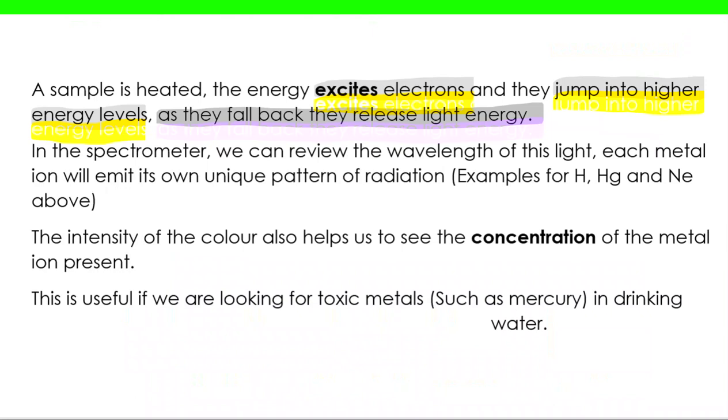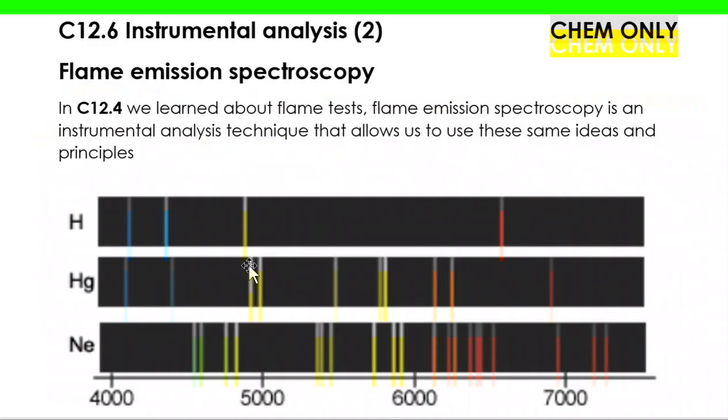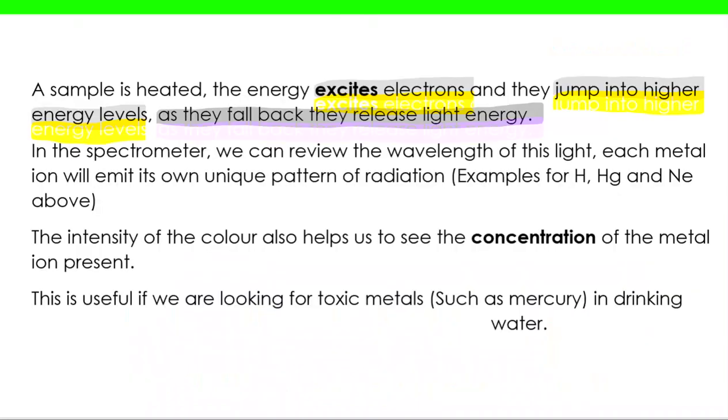So if you have got things like mercury that are toxic and that were to get into drinking water, we would be able to look at the level of concentration. We would be able to prove it was there by looking for the characteristic wavelength in the flame emission spectroscope. But we would also be able to see just how concentrated it was.